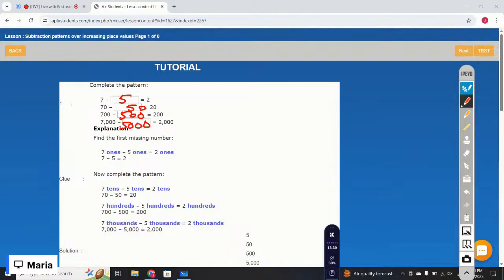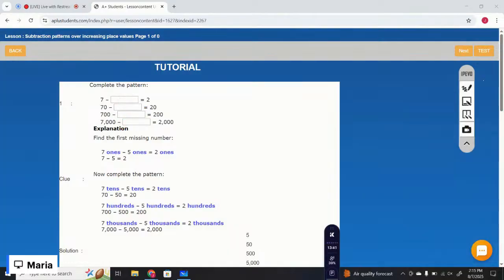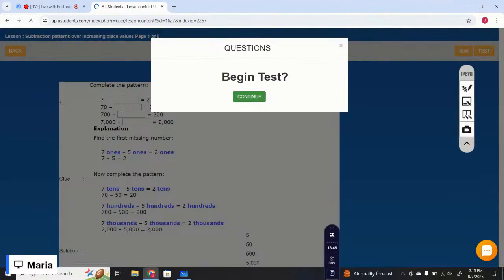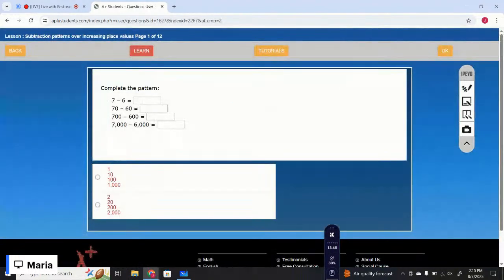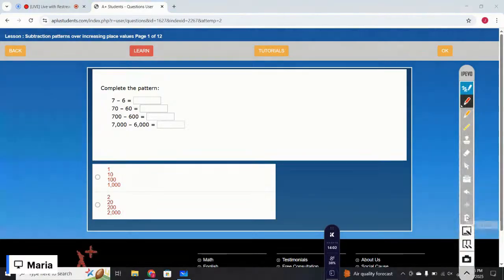Let's just start with the test questions. Seven minus six is one. 70 minus 60 is 10. 700 minus 600 is 100.